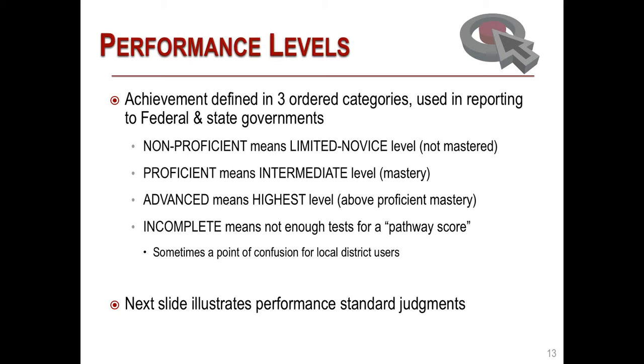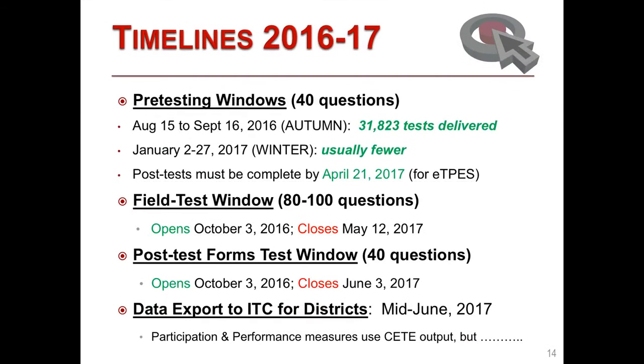Advanced is the highest level, and that is above proficient mastery. Incomplete means that there's not enough test scores, and that's generally going to be 1 or 2 tests for a lot of juniors or underclass test takers. We report to the pathway test score, about which I'll say more shortly.